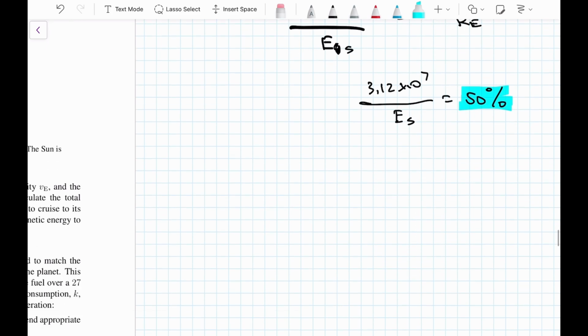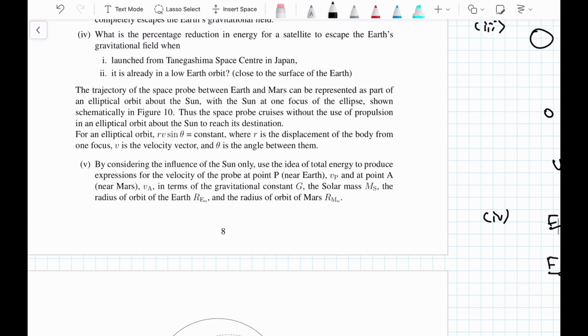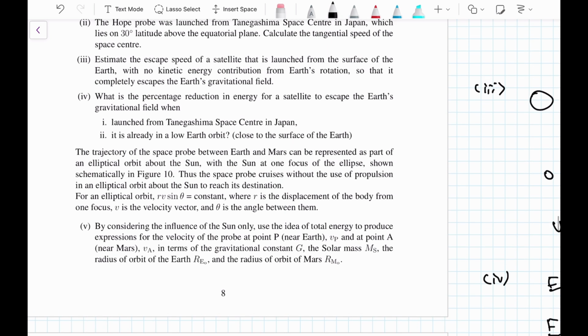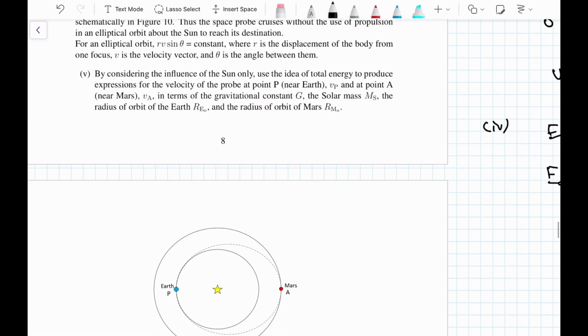Now let's see the fifth part. More information is given in this case, and it says the trajectory of the space probe between Earth and Mars can be represented as part of an elliptical orbit about the Sun, with the Sun at one focus of the ellipse, shown schematically in figure 10.